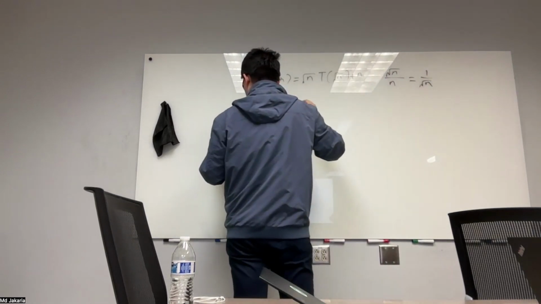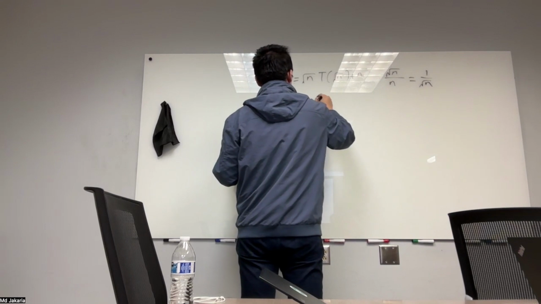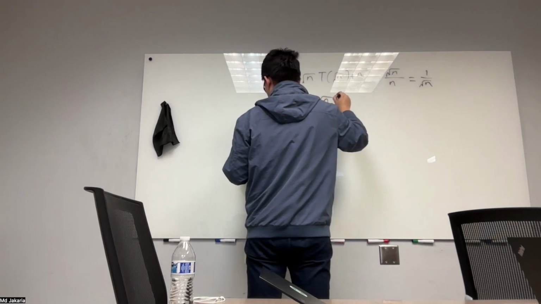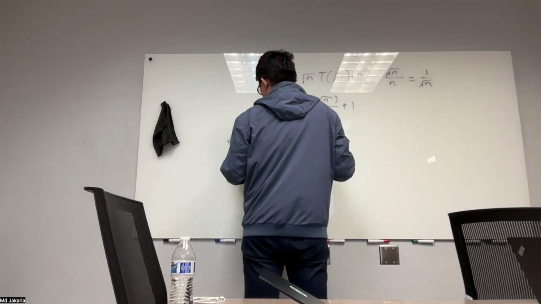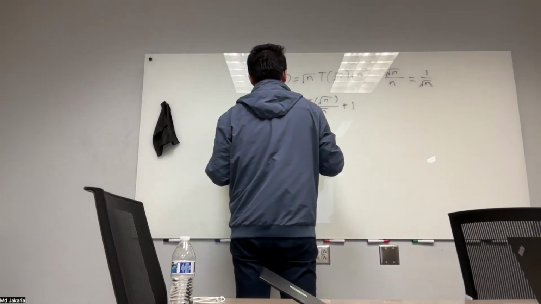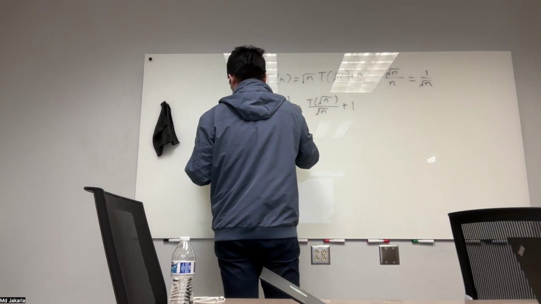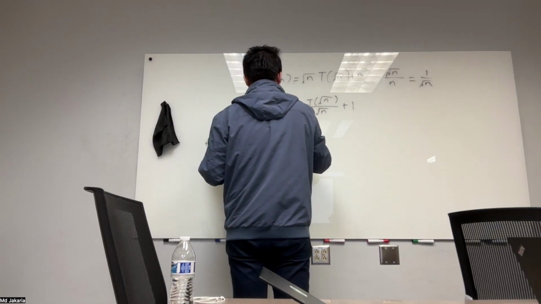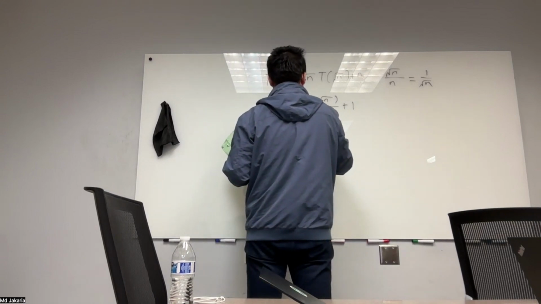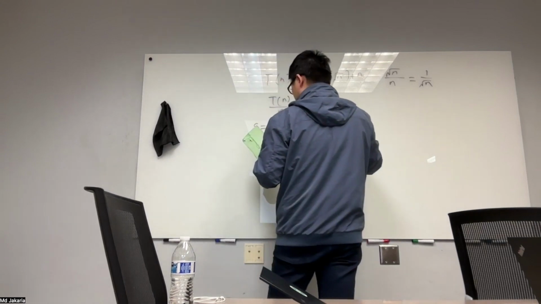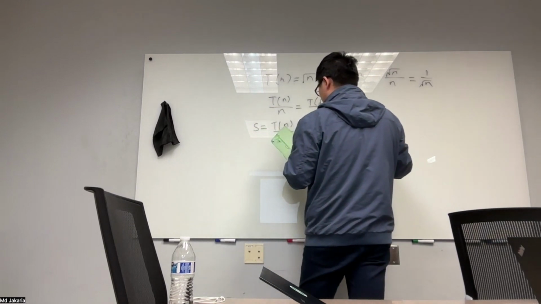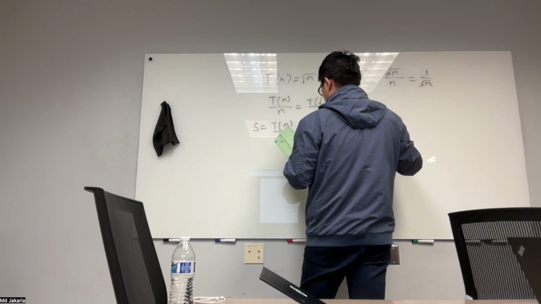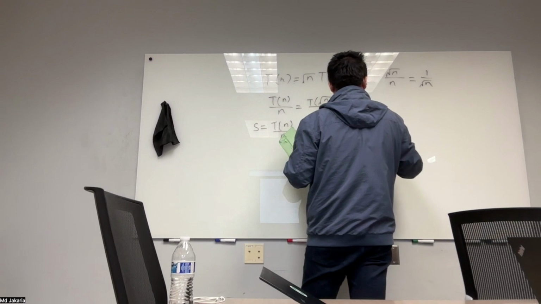So that gives us T of square root of n divided by square root of n plus 1, and S equals T of n divided by n. So that gives us S of this is T of square root of n divided by square root of n.